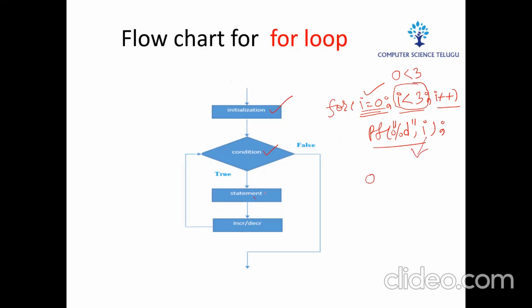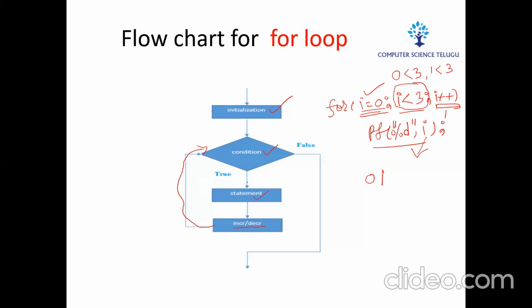Then the increment happens, so 0 becomes 1. Again it checks the condition, i less than 3. Now i is 1, less than 3, the condition is true, and it prints the value of i, which is 1.